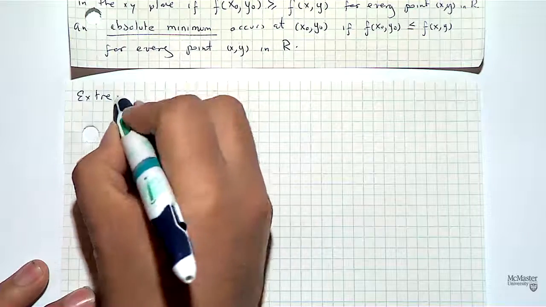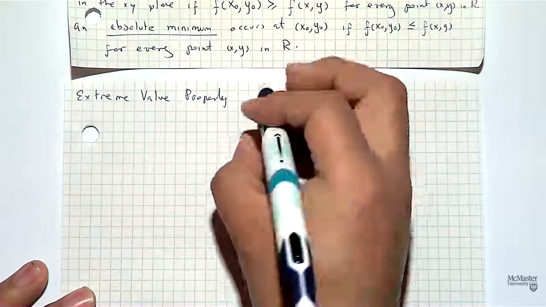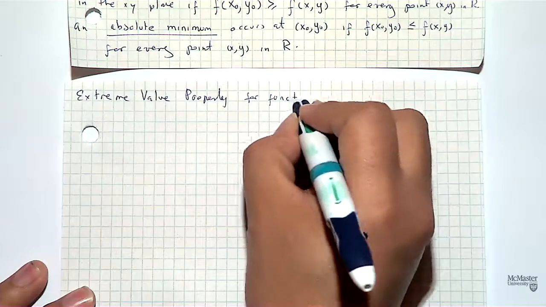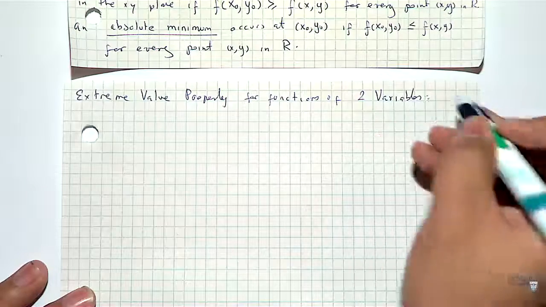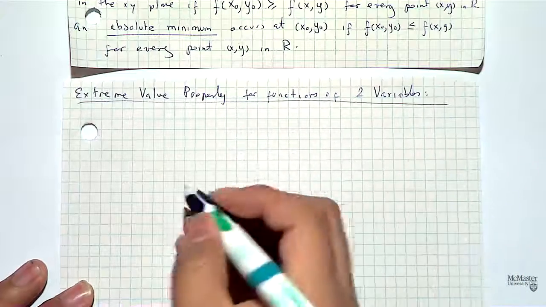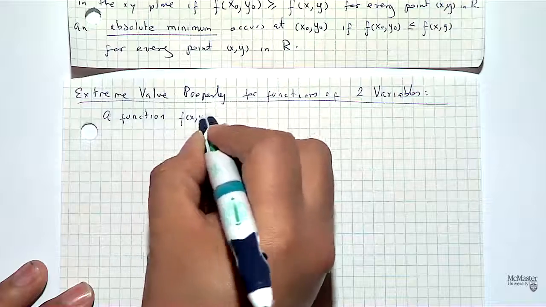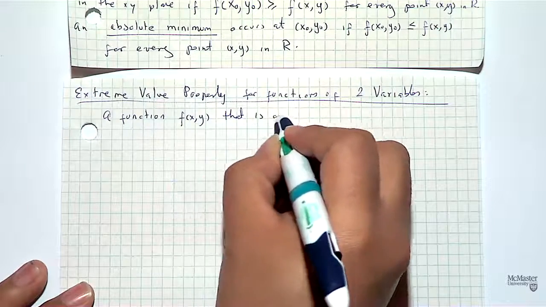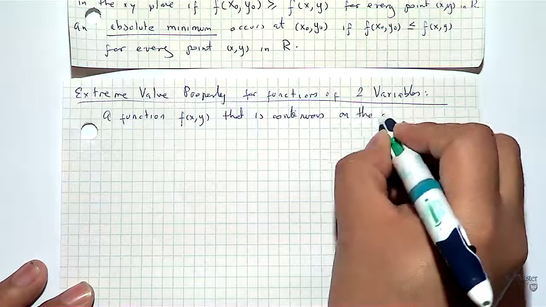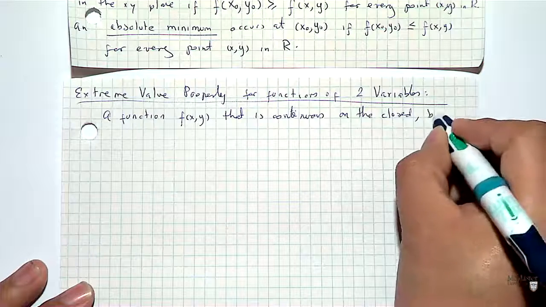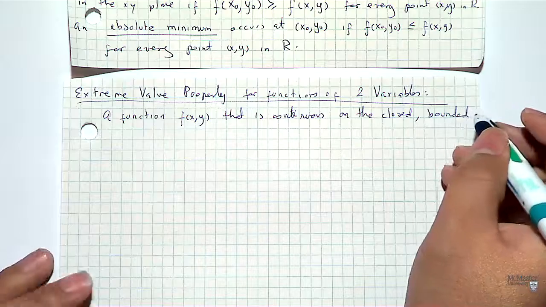So you have the extreme value property for functions of two variables. And so a function f of x, y that is continuous on the closed, bounded region. You know what is bounded from intuition. You might not know what closed is, but I will clarify that in a second.